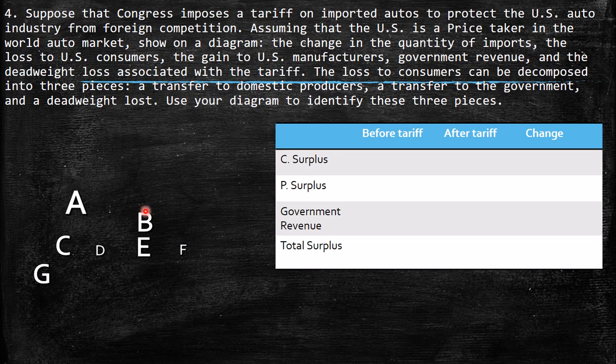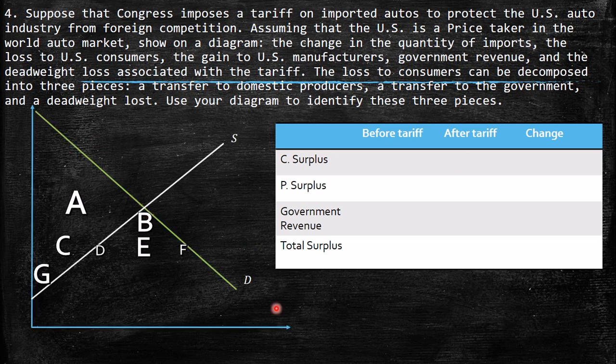We need to use our diagram to identify these 3 pieces. Here in the table, you already notice that there is one new actor, the government, because they fix the tariff, so they will receive some revenue from it. So we will have the case before the tariff and after the tariff, and the change, and we are going to figure out how we can decompose this loss of consumers.